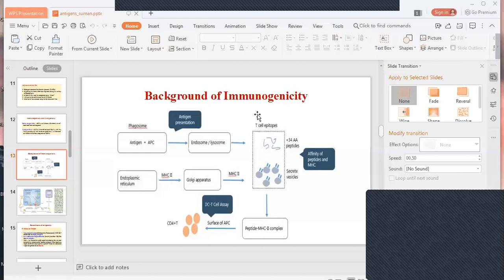And these complexes are presented on the surface of the antigen presenting cells. Now, the T cell receptor can recognize this peptide-MHC2 complex and activate the T cells, mostly the CD4 positive T cells or the helper T cells.